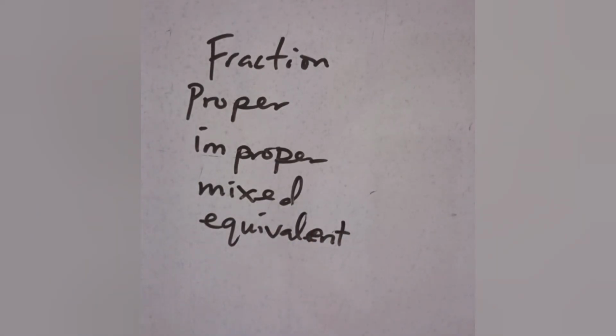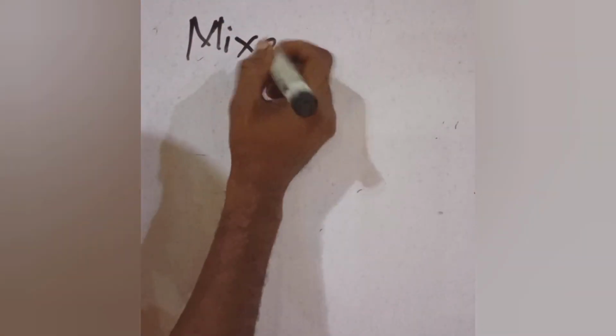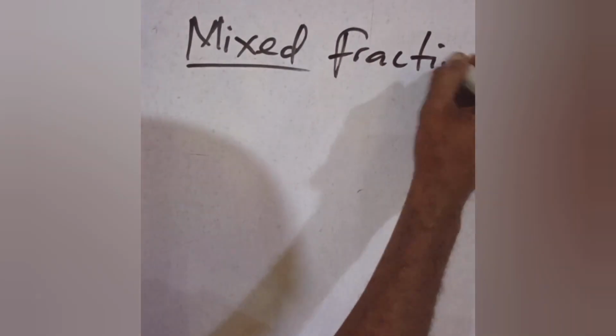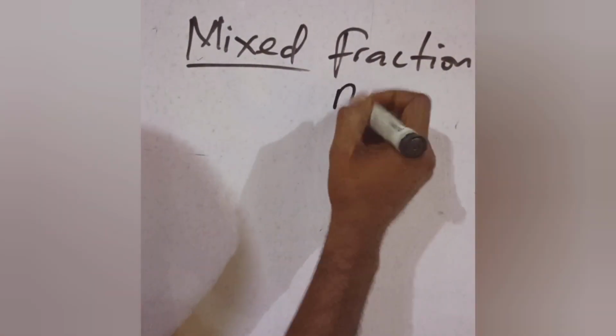If I miss anyone, you can comment. I think in our last lesson, we made a list of some other types of fractions. This is requested anyway, so mixed fractions. As you know, sometimes you can call it a mixed number.